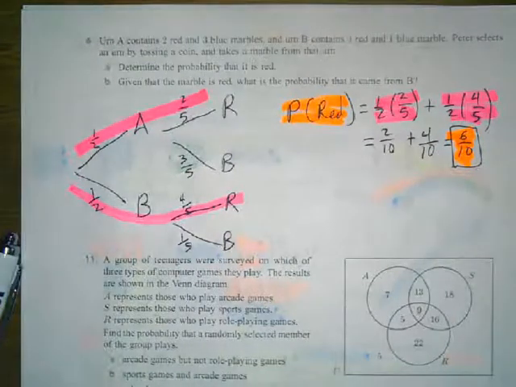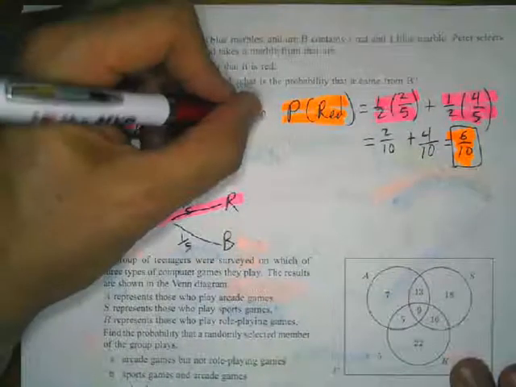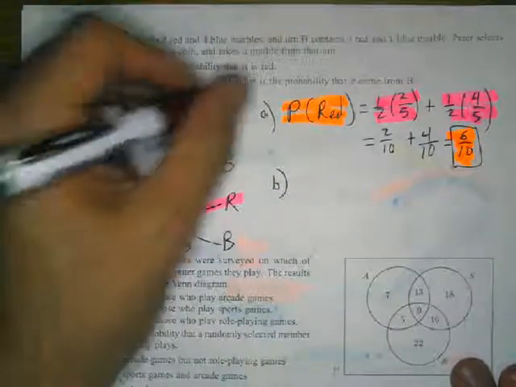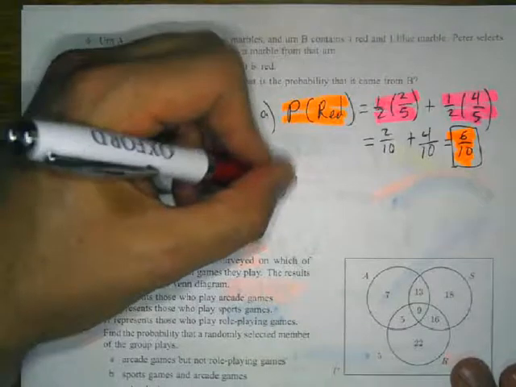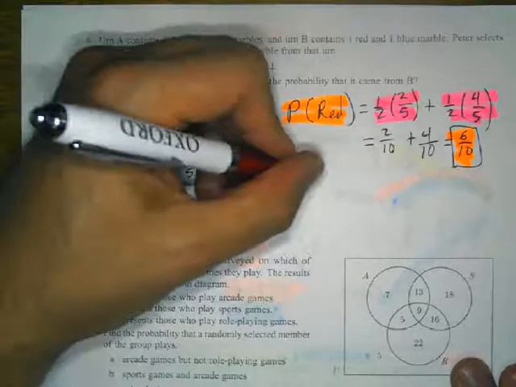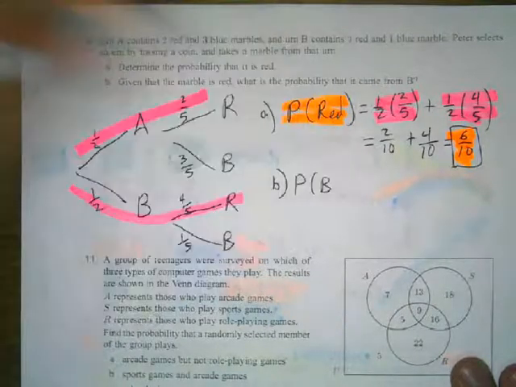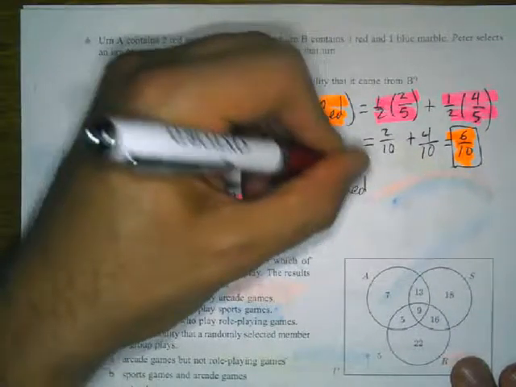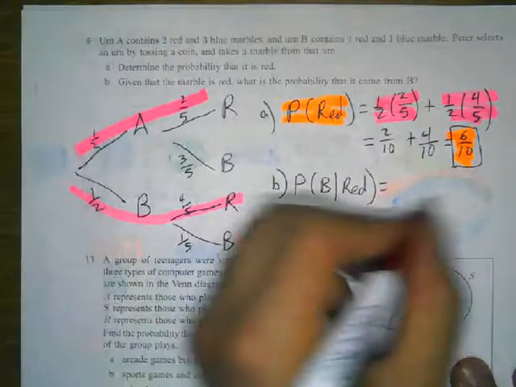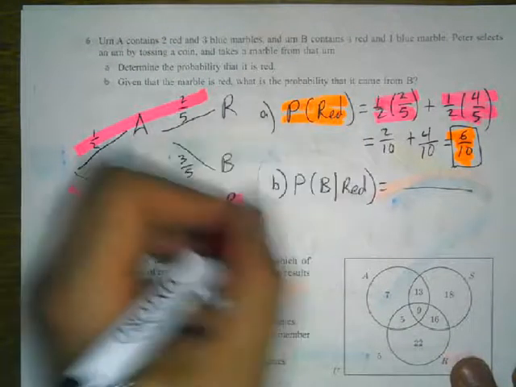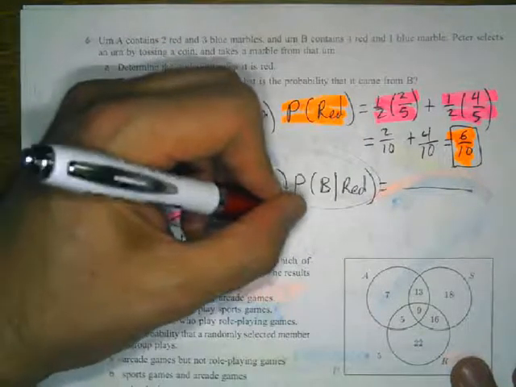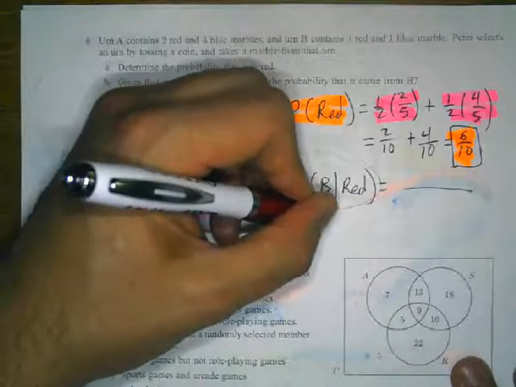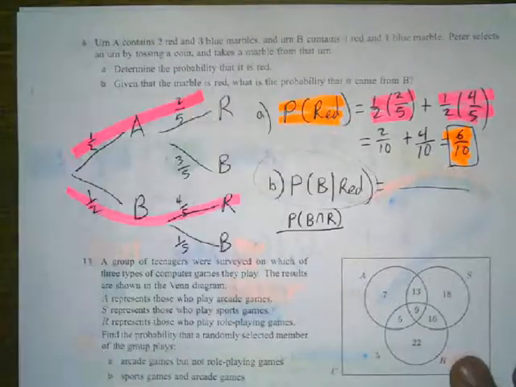Okay. Now question B says, given that it's red, what's the probability that it came from B? So given red. This can be interpreted as the probability of the intersection of urn B and red divided by the probability that it's red.